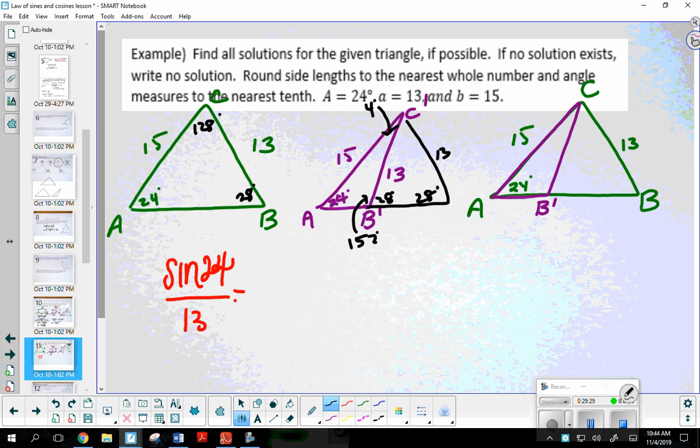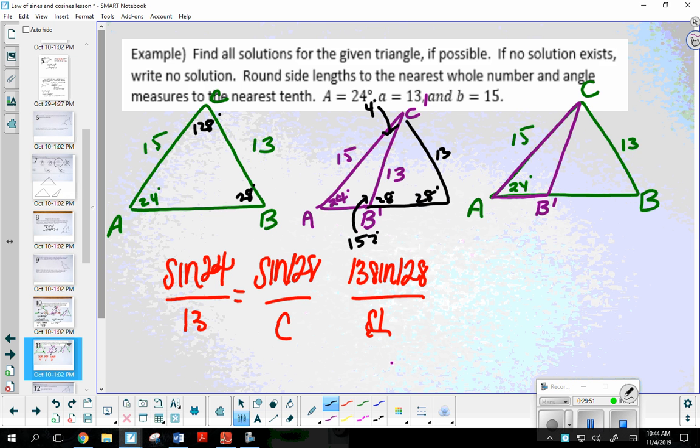So sine of 24 over 13 equals sine of 128 over side C. So 13 sine of 128 over sine 24 degrees. Okay. There we go. It is 25 units.